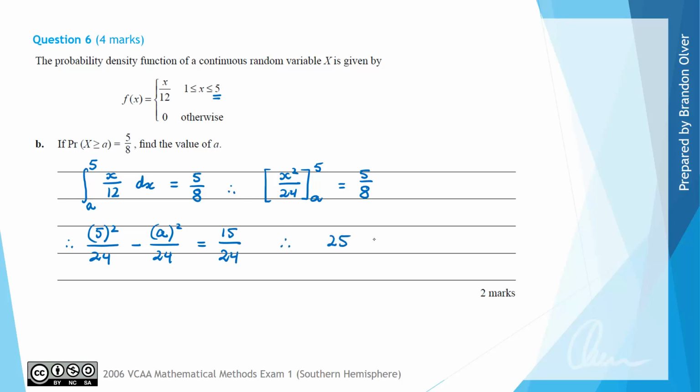Therefore, 25 minus a squared must equal 15. Therefore, a squared must equal 10. Therefore, a equals plus or minus the square root of 10.